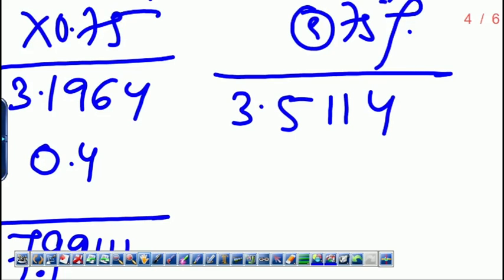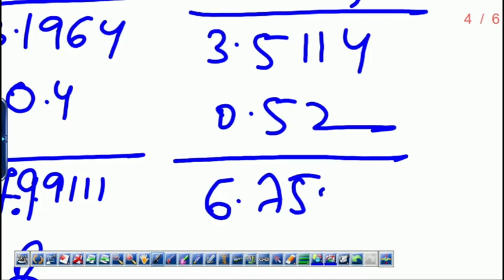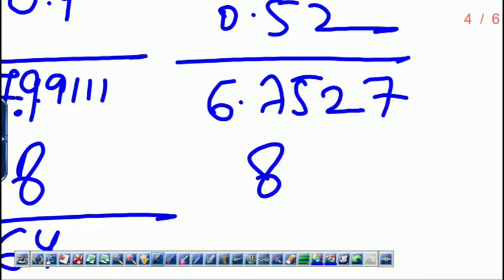How much do you want to raise? 3 crore and we are raising at 25. 3 by 25 is 0.12. So the number of shares becomes 0.4 plus 0.12, 0.52. So 3.5114 divided by 0.52 is 6.7527, which is the EPS, and the P/E ratio is still 8, I think.